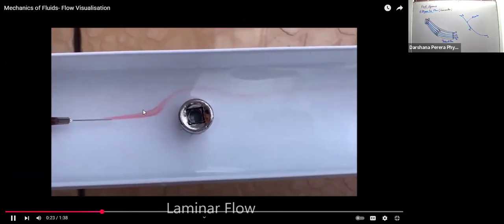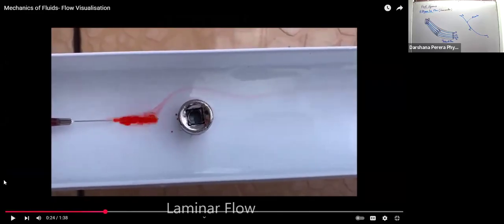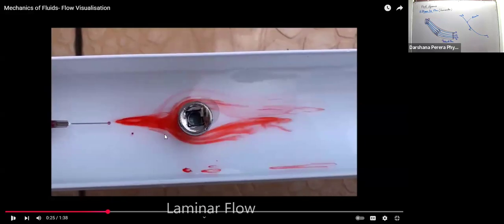When we place colored ink in the water and the flow is laminar, we can see the flow lines.